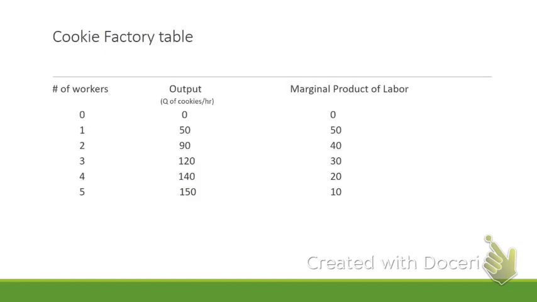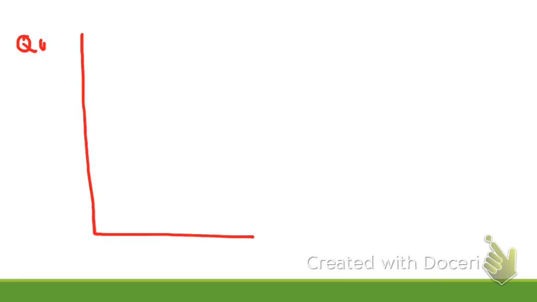For our production function, the vertical axis is the quantity of output, and this would be, in this case, cookies per hour.